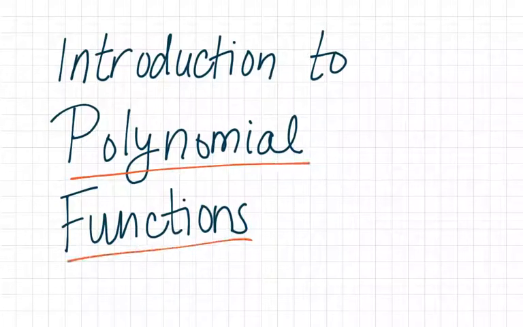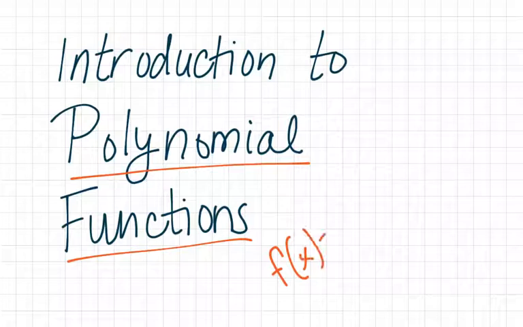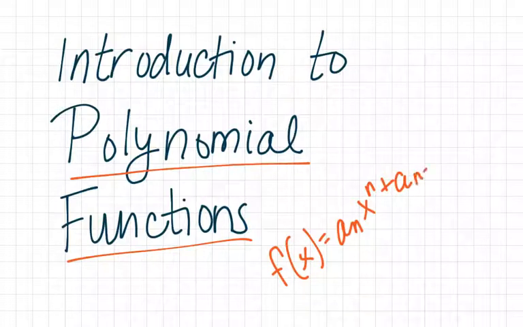So we've seen some polynomial functions in the functions we've already been looking at. A polynomial function could be a quadratic, a cubic, a quartic, and so on. Essentially, it is a function that is written in the form f of x is equal to a sub n x to the n plus a sub n minus 1 times x to the n minus 1, etc., plus all the way until we get a constant value, which should be a sub 0.